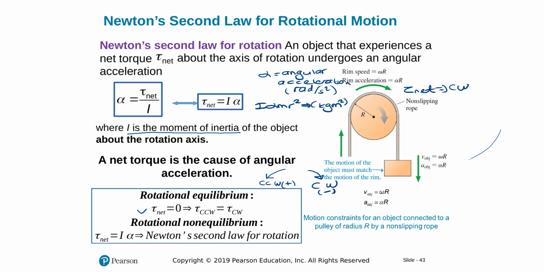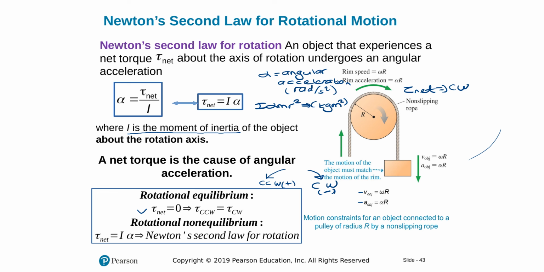We can get to linear velocity and acceleration using angular acceleration and the actual definition of angular velocity, which we didn't do yet. Linear acceleration will be angular acceleration times r, and linear velocity will be angular velocity times r.